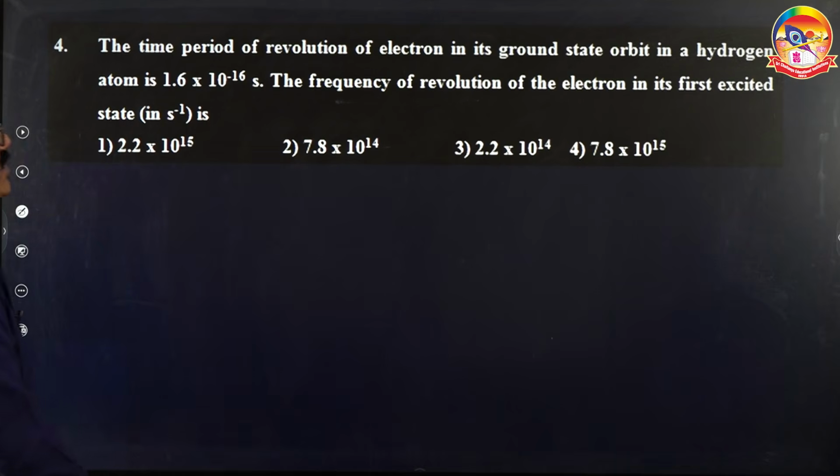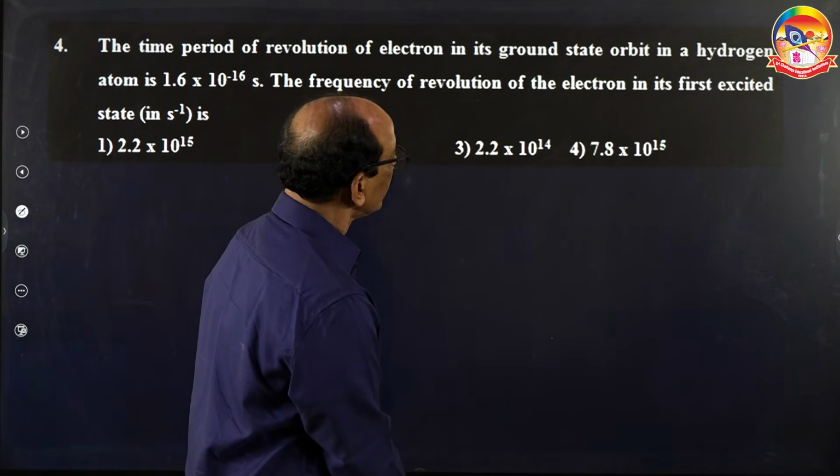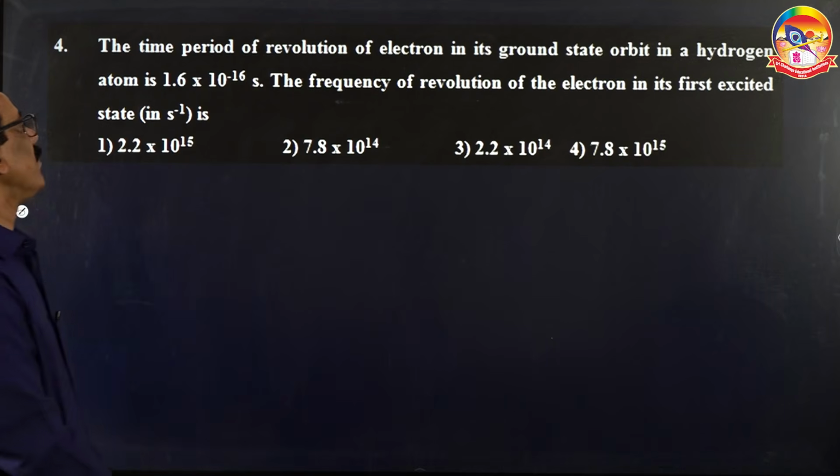The time period of revolution of electron in its ground state orbit in hydrogen atom is 1.6 times 10 power minus 16 seconds. The frequency of revolution of the electron in the first excited state is asked.